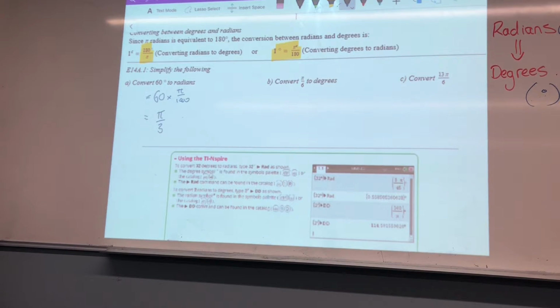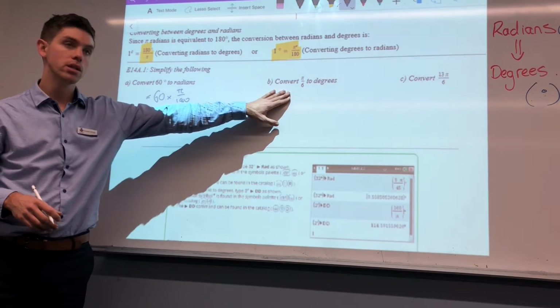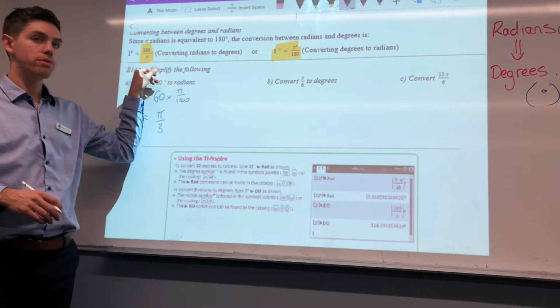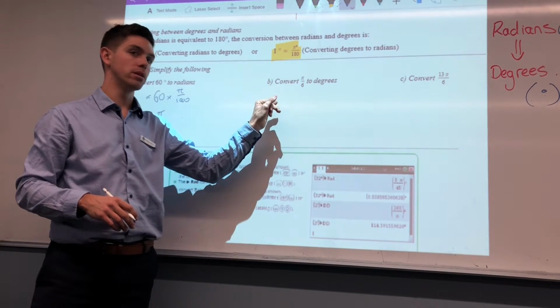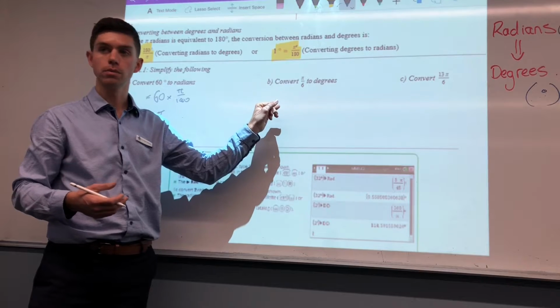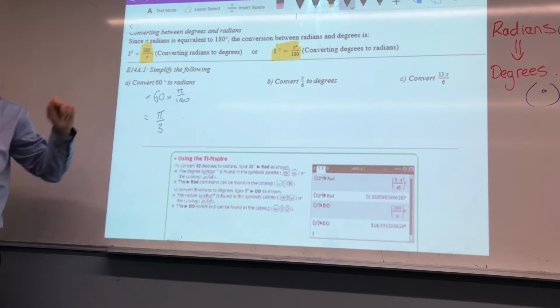So with the second example, convert pi over 6 to degrees, once again, we look back to our conversion factor. We're trying to remove pi so that we just have it in terms of a number in degrees. So this time, we're going to multiply by 180 over pi.